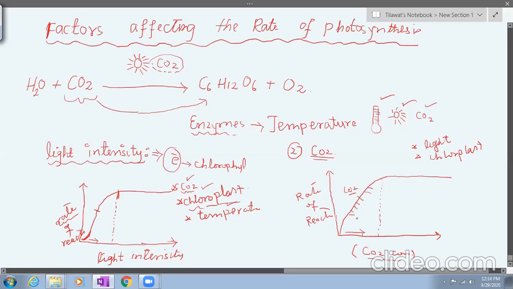Even though I am increasing the carbon dioxide concentration, there is no effect on the rate. So something else, like light or chloroplasts, is restricting the rate of photosynthesis. And we know that what minimizes or restricts your rate of reaction is called the rate limiting factor.